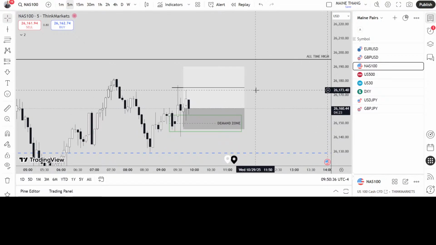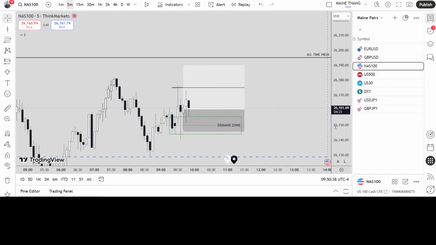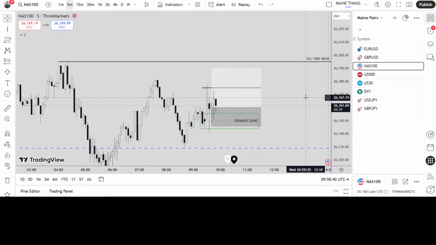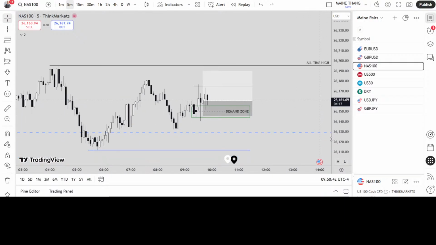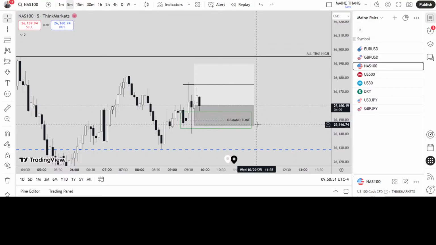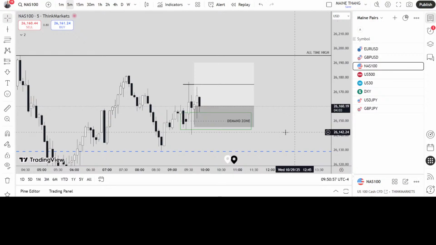It almost hit it. If I was on, I probably would have taken profit in this hypothetical trade. But seeing how it's doing all this dancing, got minor 10 o'clock news. Made a high, made a low.